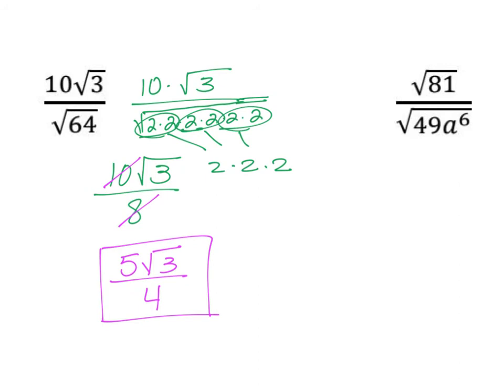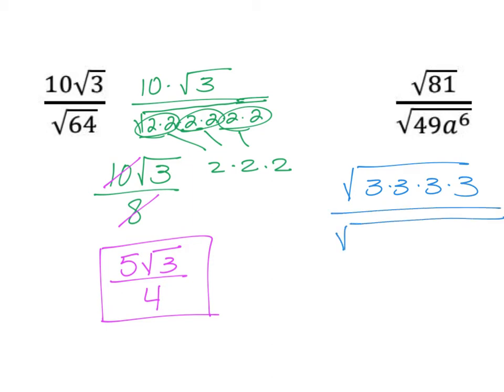All right, let's try another one. For 81, this will be 3 times 3 times 3 times 3. In my denominator here, I have 7 times 7 times a, lots of a's there. So in this case, I'm not able to cancel, so I'm going to circle where I can my pairs because my index is 2.